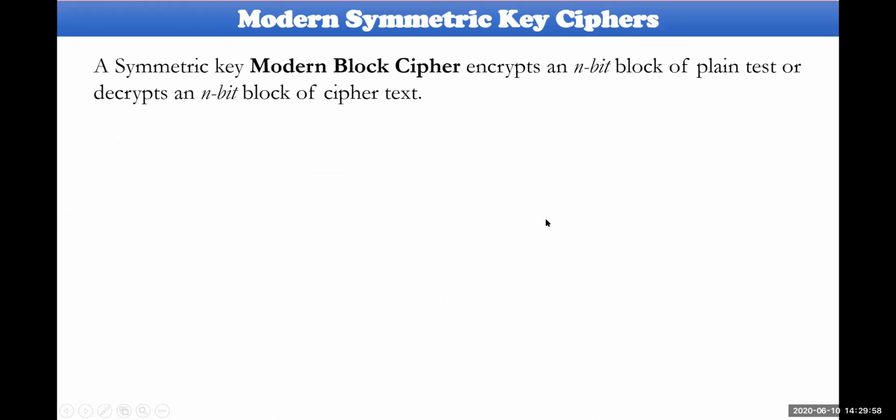So what are the modern symmetric key ciphers? What exactly is this? Previously, all discussions have been made on characters. Let us consider the Caesar cipher. Caesar cipher always tries to manipulate the characters. So if A is given and the key is 3, instead of A we have to write D, and so on.